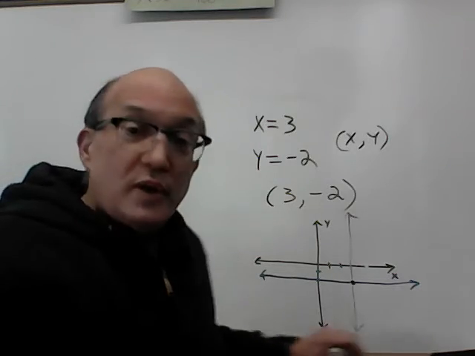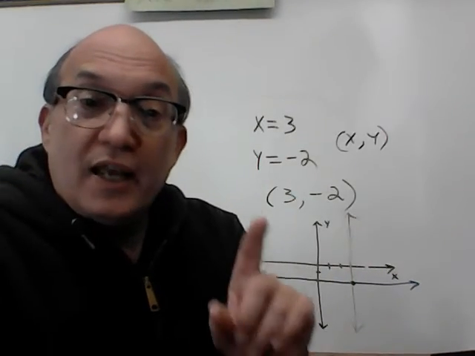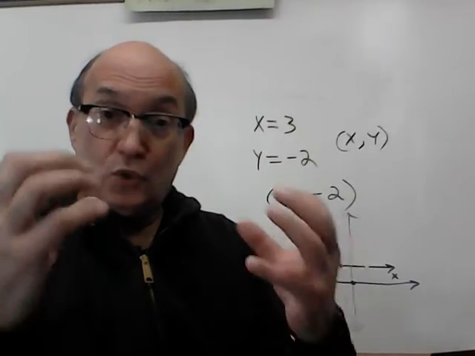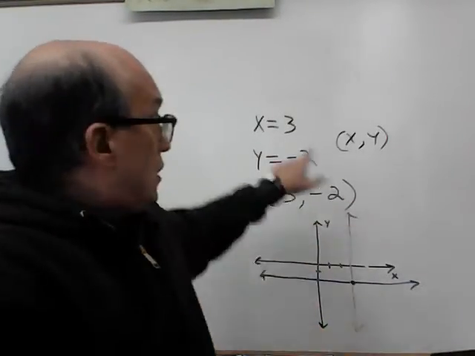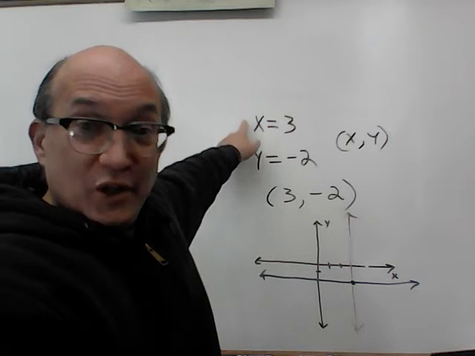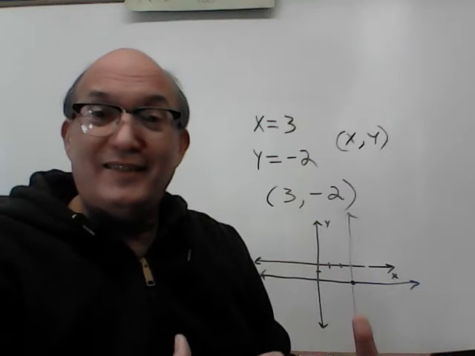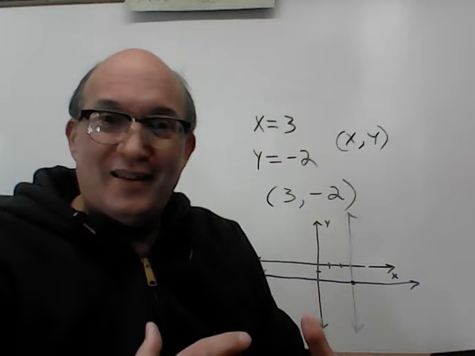So what we can do is we can understand every single point in the plane as the solution to a system of linear equations where one of the equations is a vertical line and the other equation is a horizontal line. It's awesome.